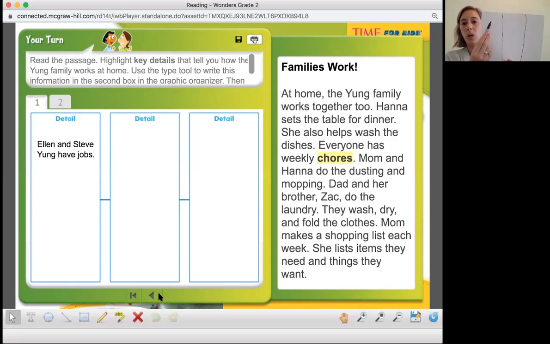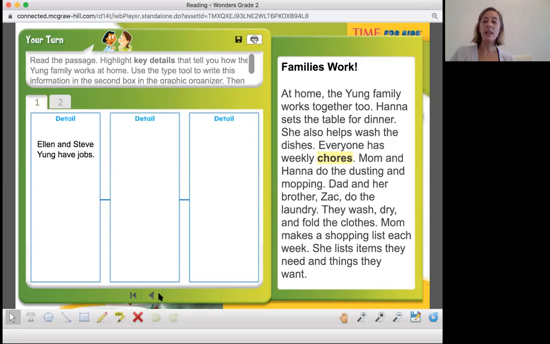Now we're going to write the word detail at the top of these boxes, just like it shows on the screen. Okay, so mine looks just like the screen does.